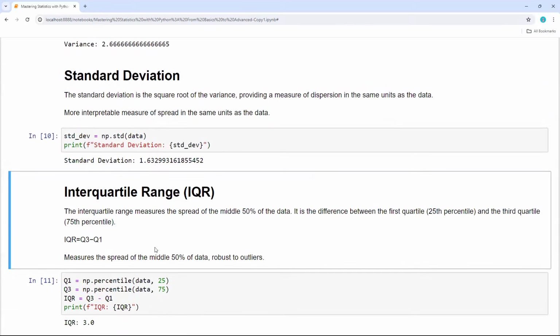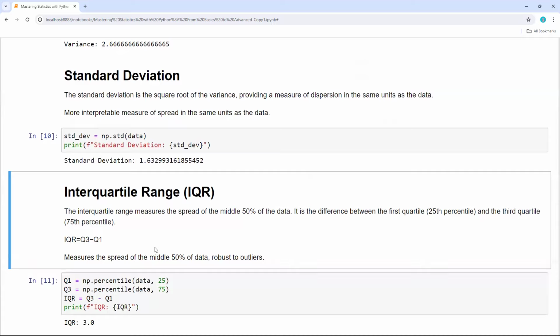And the next important thing is the interquartile range, IQR. This is a very important thing whenever we are working on any machine learning algorithms, if we wanted to work on null values, or filling the null values, or if you wanted to look at the relations, correlations.